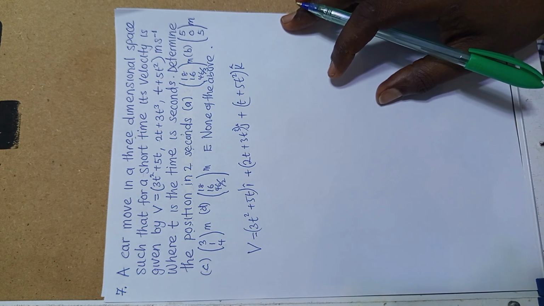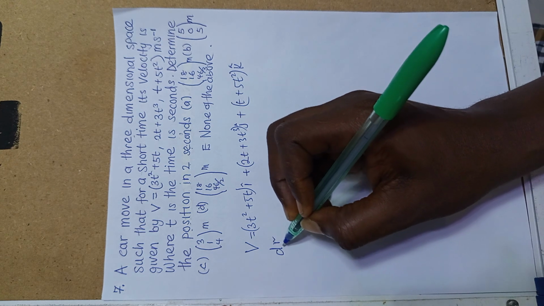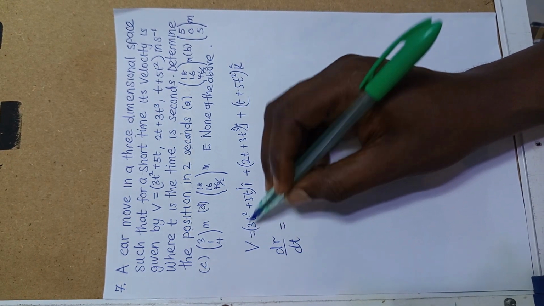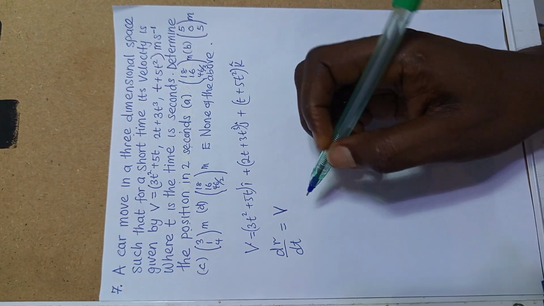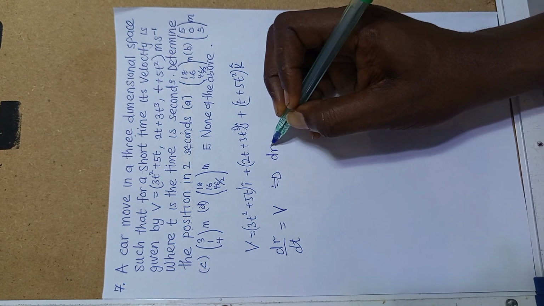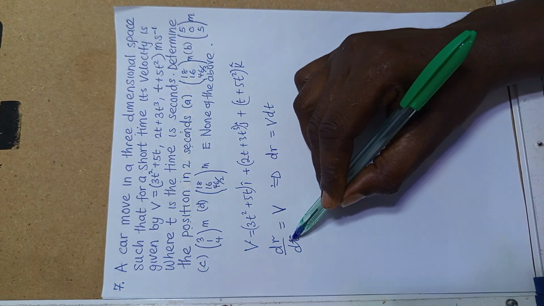Now for the position vector, don't forget that dr over dt is equal to velocity. If it is equal to velocity, it implies that dr equals v dt if you cross multiply.